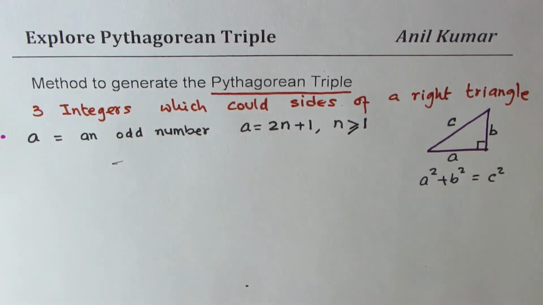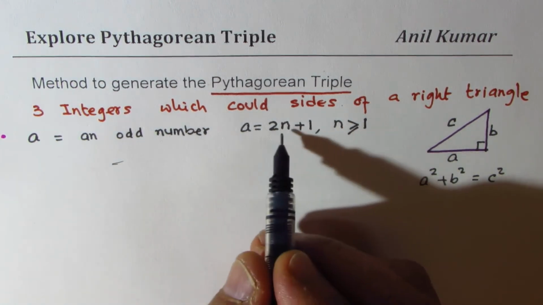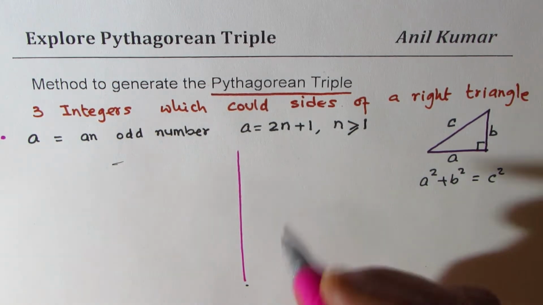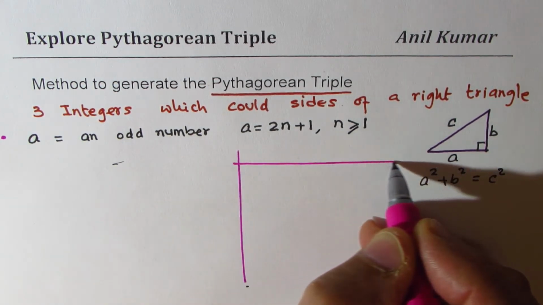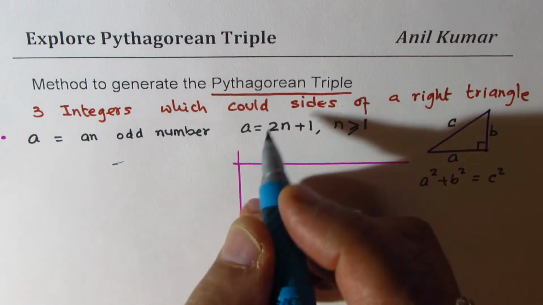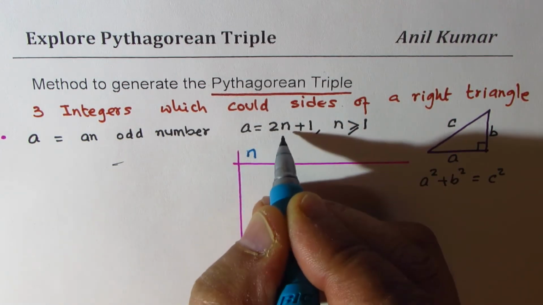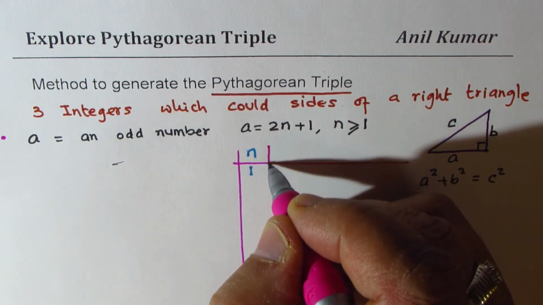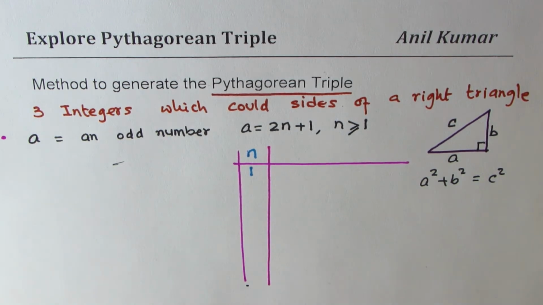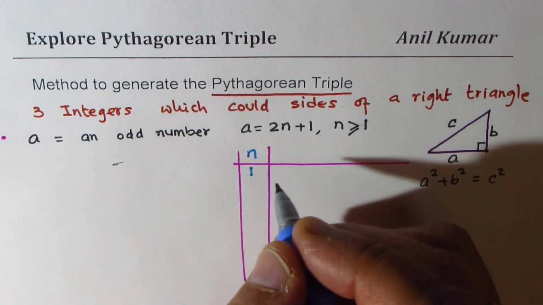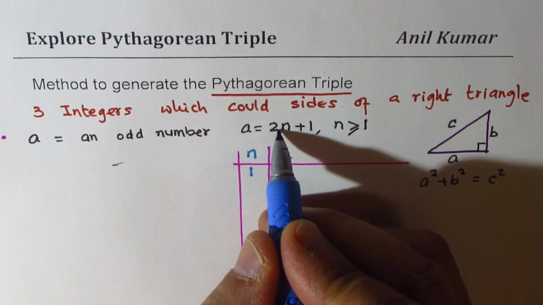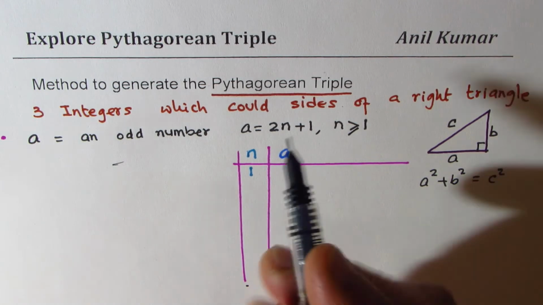Is it okay? Okay. Let me make a table here. If n is equal to 1, what is the value of A? In that case, I can write the value of A as 1 times 2 is 2, plus 1 is 3.